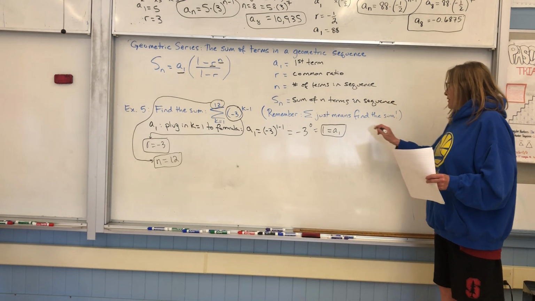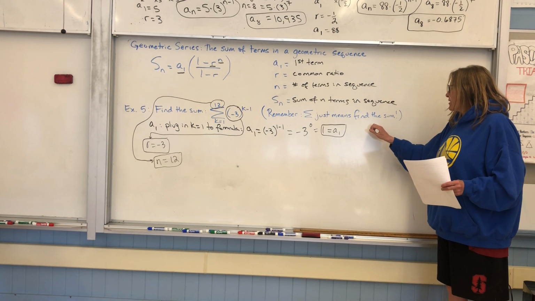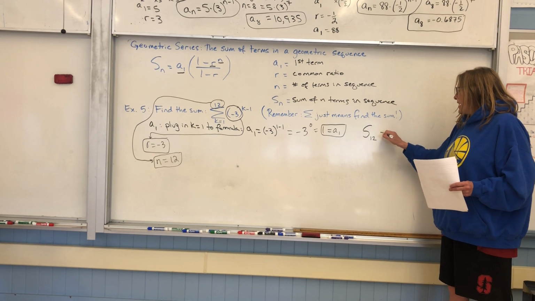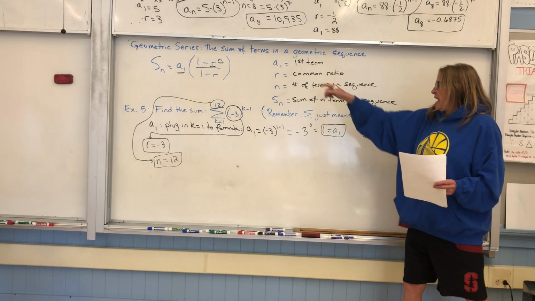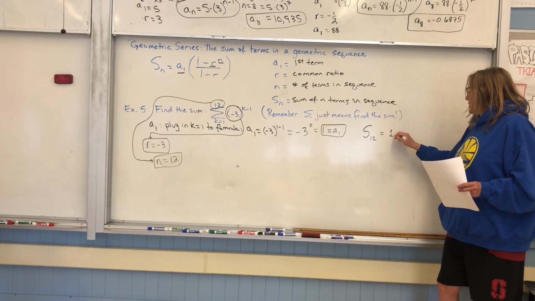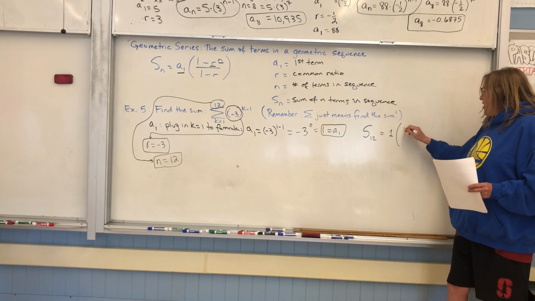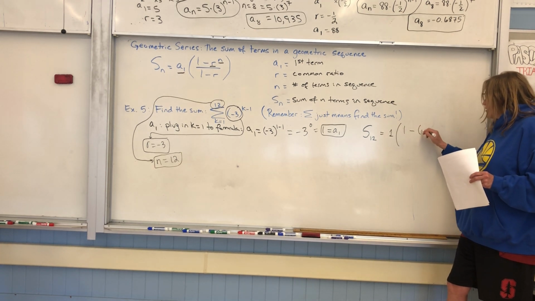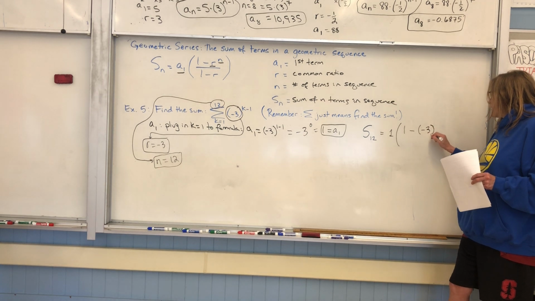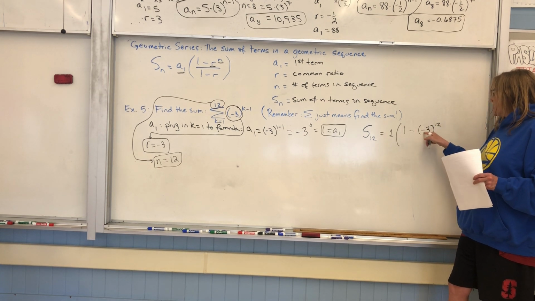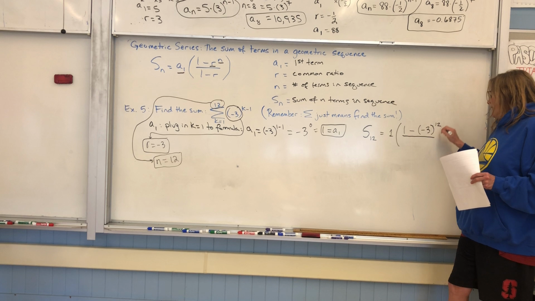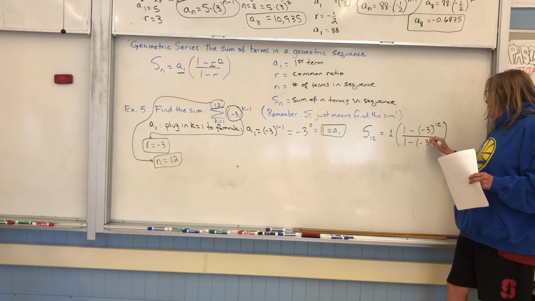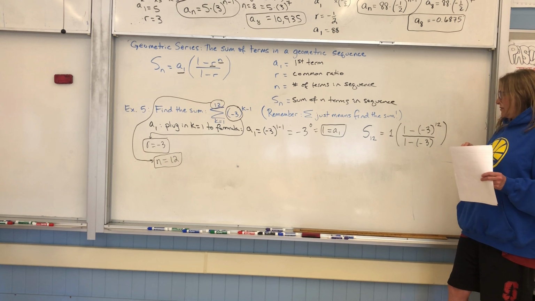So we have to be careful here, guys, because remember, exponents always come first. So I have to make sure when I enter this in my calculator, I have A1, which in this case is 1. And then on the top, I have 1 minus, okay, very important, guys, put your R in parentheses because your brain is going to want to make that a plus. And that's not what we do. We have to raise it to the 12th first.